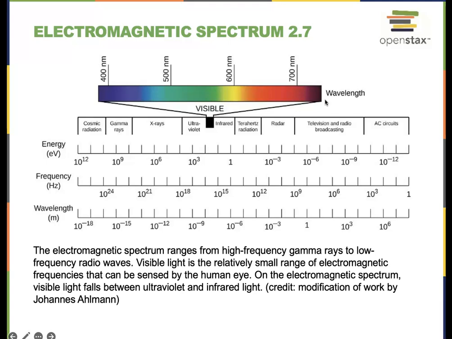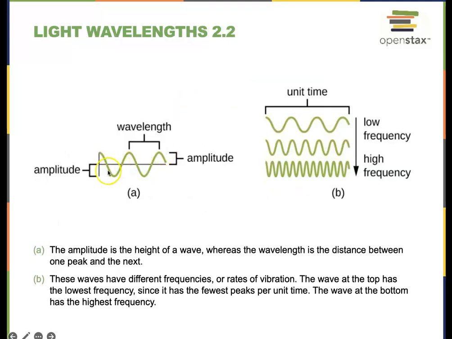All right, so let's look at the picture here. Every light, or energy, travels in waves. One wavelength is basically how far it is from one peak to another peak. The size of the wave is the amplitude, but really we're concerned with the wavelength.